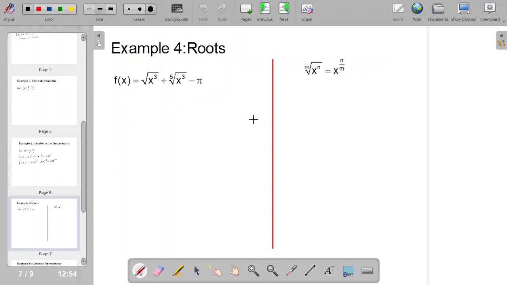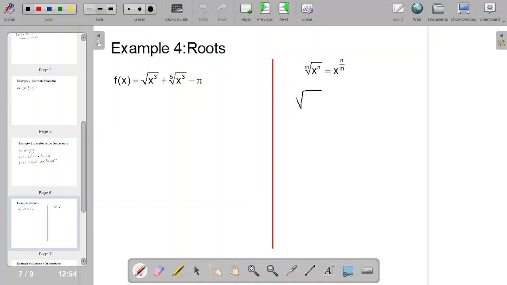Then in example 4 we are looking at problems where you have roots, and if you look here you have x to the power n and you have the mth root, so you want the mth root of x to the power n. So how you change this to exponential form is what was inside goes to the numerator and what was the root will go in the denominator.